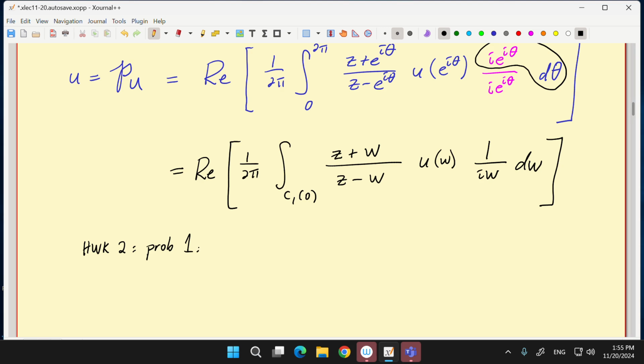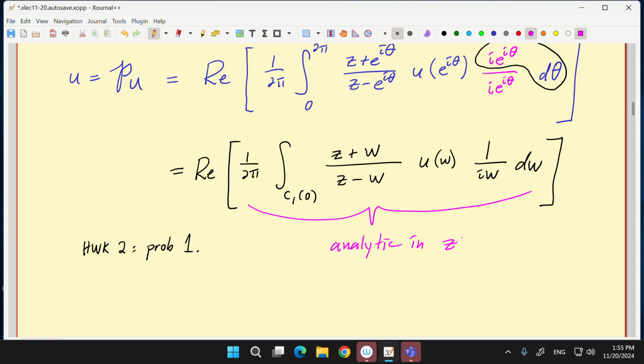That thing is analytic in z. That's fascinating because that means if I take the imaginary part of that, I get a harmonic conjugate for harmonic u.